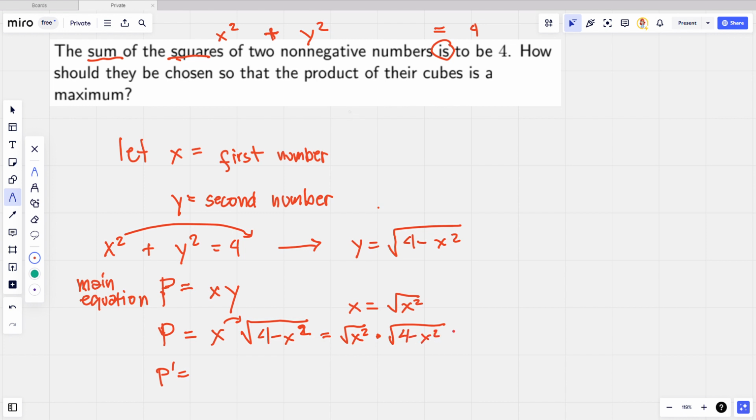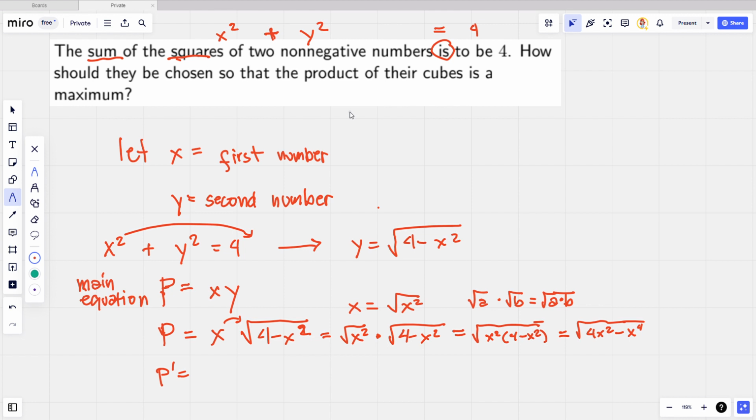Remember that the square root of a multiplied by the square root of b is just the square root of a times b. So we'd have the square root of x squared times 4 minus x squared. Simplifying further, we'd have the square root of 4x squared minus x to the 4th.